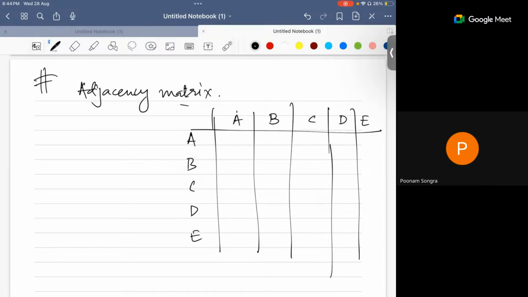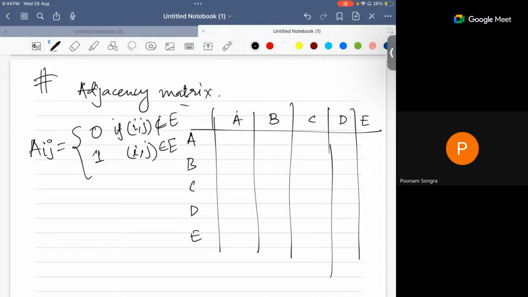And the values are, for example, E. Your graph is V and E is the edges for your graph.